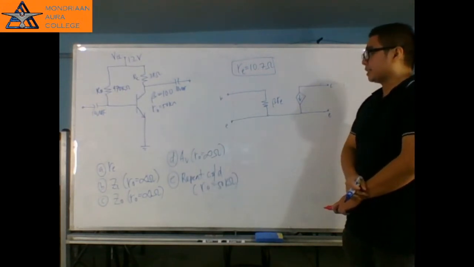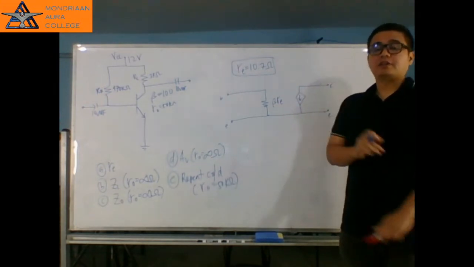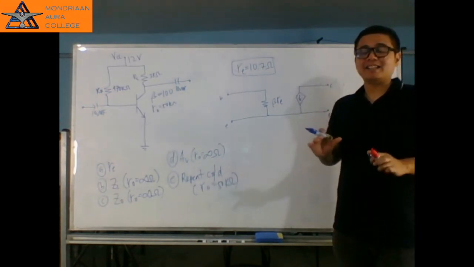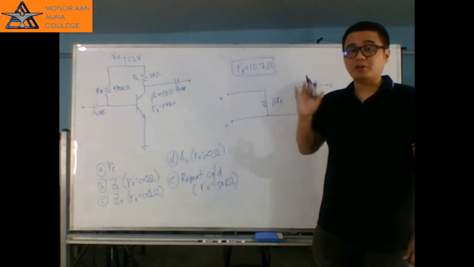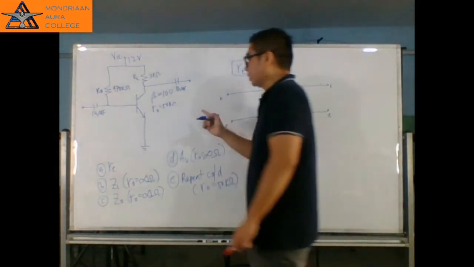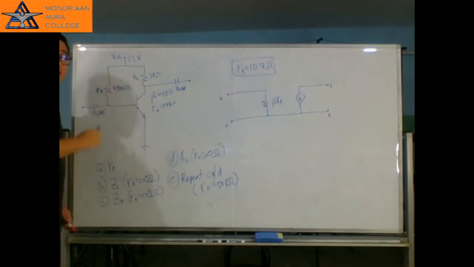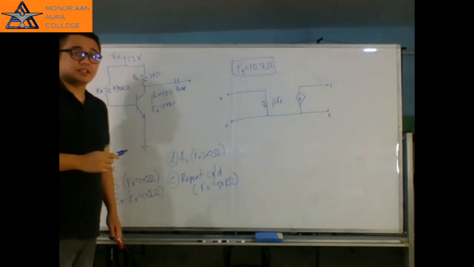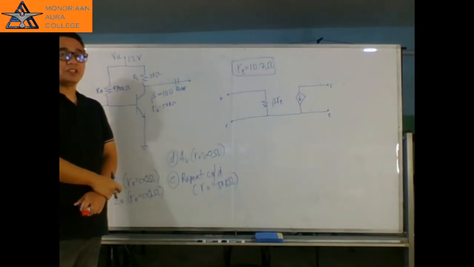So next na gagawin natin is to zero out everything that is not AC. So lahat ng DC dito sa ating circuit, i-zero out natin lahat. So for this one, ang 12 volt supply natin is DC. That's why i-zero out natin siya. So paano ba natin sinizero out ulit yung DC power supply or DC source?